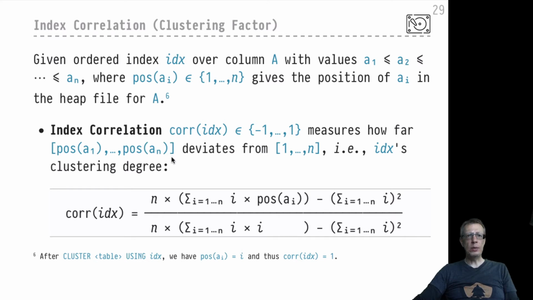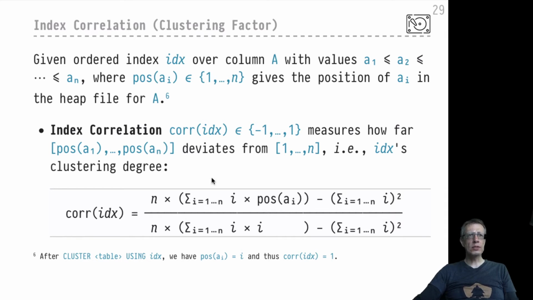If that heap file were perfectly ordered according to the A column that we are looking at here, then the positions in which we find the records, if we find them in sorted order, would be found at position 1, position 2, position 3, up to position n. So if the A_i are ordered, then their positions will be ordered in a perfectly clustered file.